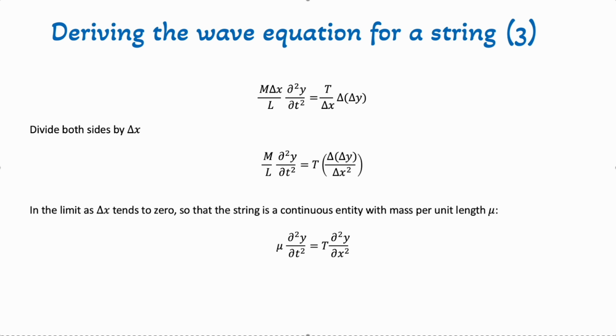And what does it tell me? It tells me that the second derivative of y with respect to t only differs from the second derivative of y with respect to x by a constant, because both mu, the mass per unit length, and capital T, the tension in the string, they're both constants.